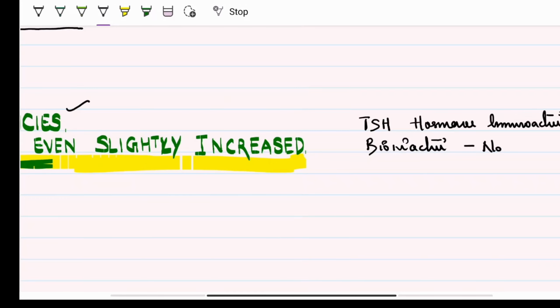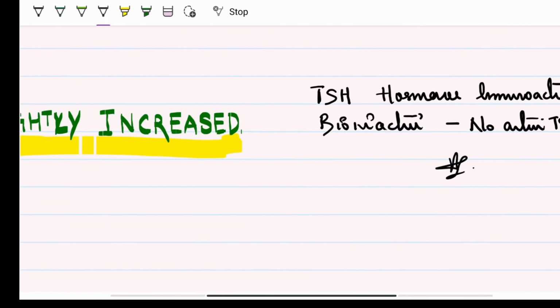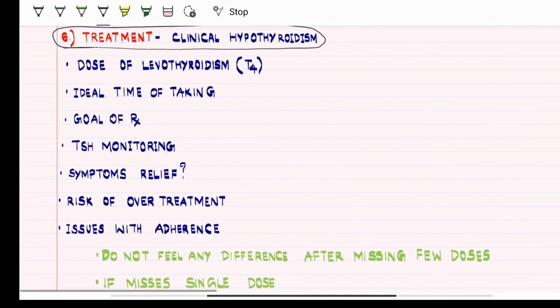No action on the receptor. Okay, that is a very important point. This is a normal doubt that we encounter while doing this.